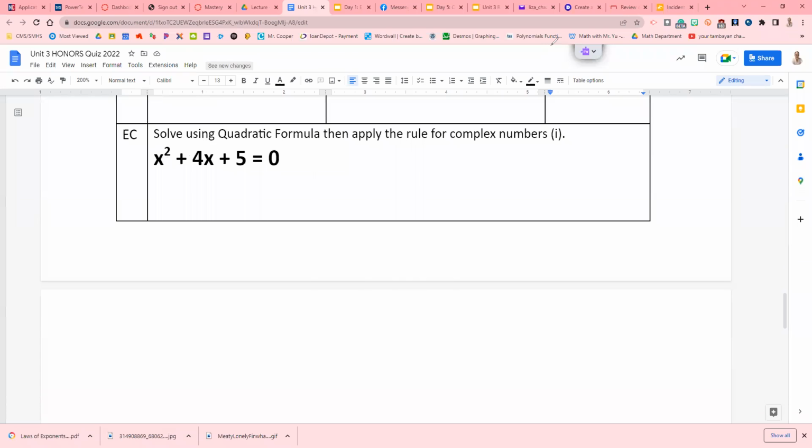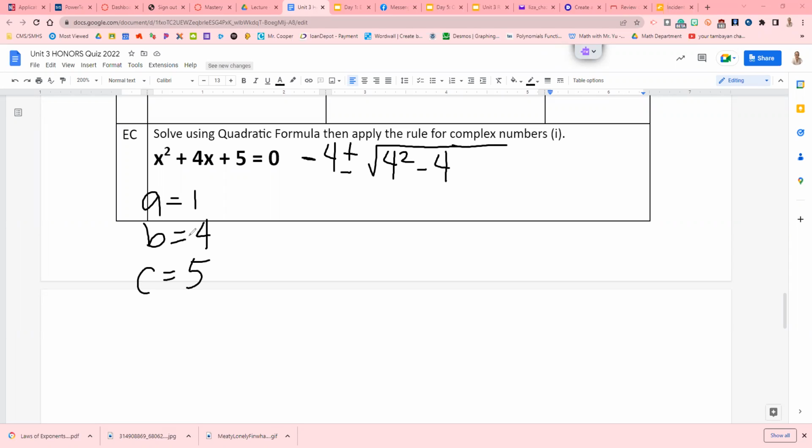For the extra credit, I will just plug into the quadratic formula where a is 1, b is 4, c is 5. So therefore, negative 4 plus and minus square root of 4 squared minus 4 times a is 1 and c is 5, divided by 2 times 1.